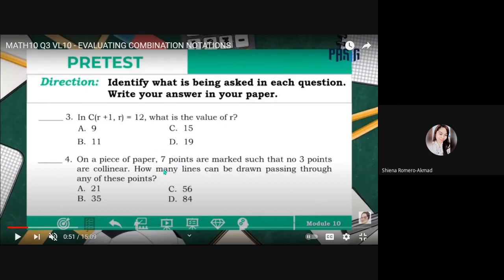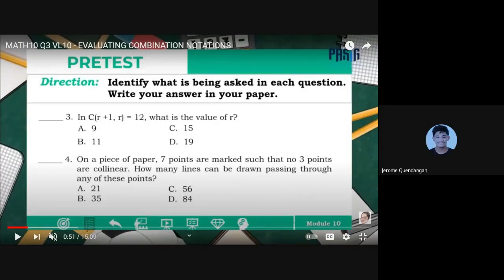And what will be our r? How many lines can be drawn passing through any of these points? What will be our r? Three? I am asking for the r. What is our r? 2, ma'am.